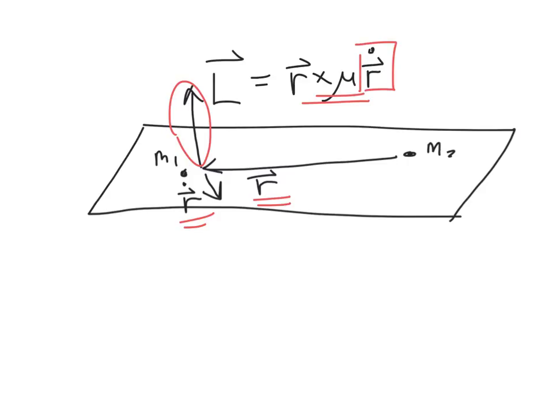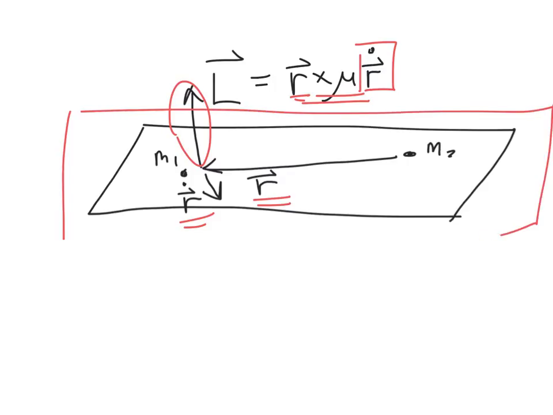Otherwise, the cross product with r would change direction. In other words, the angular momentum would not be a constant, but it must be a constant. And therefore, the motion of these two particles is confined to a plane.